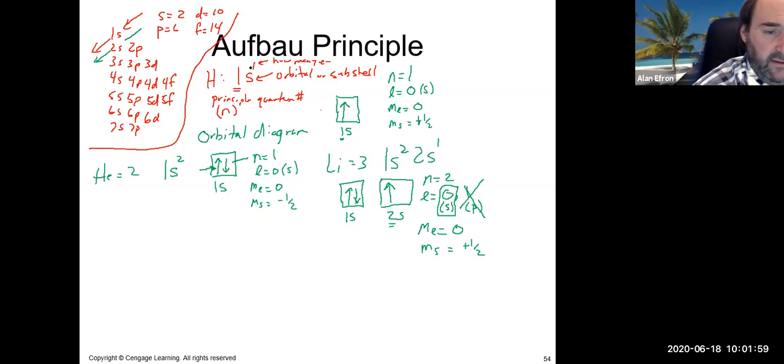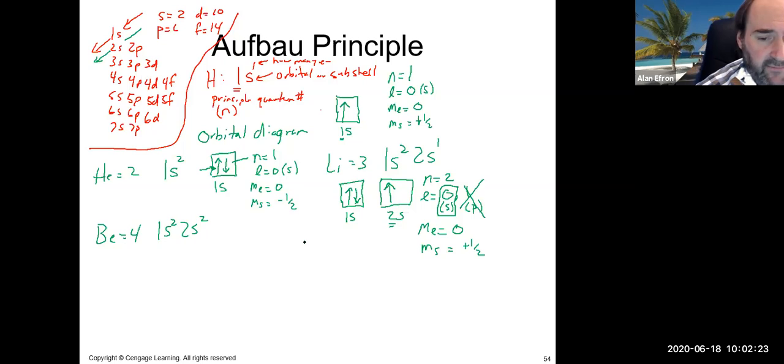Let's continue on then. After lithium on the periodic table, the next element is beryllium, which has an atomic number of 4. And that means it has 4 protons and 4 electrons. So again, we're going to start at the very top there, and we'll have 1s2, 2s2.